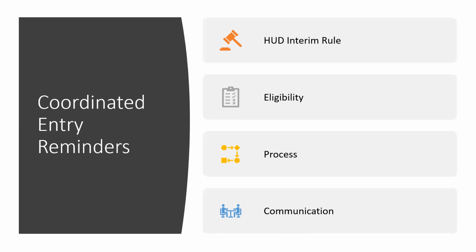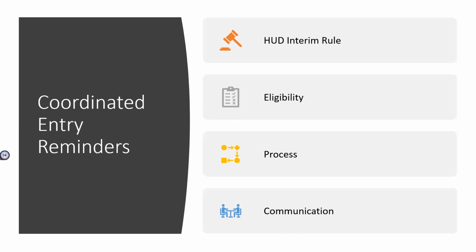We need to work with them to help them identify and think about other supports and resources that they should be looking at. So communication is key. Please don't tell your clients, your households, that they should call THHI to find out where they are on the list, because it is a fluid document.